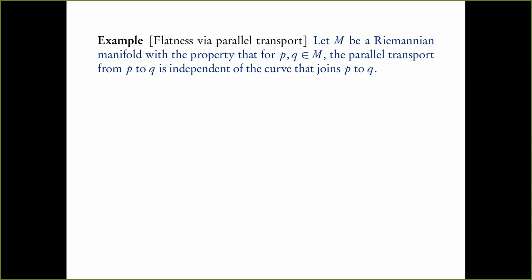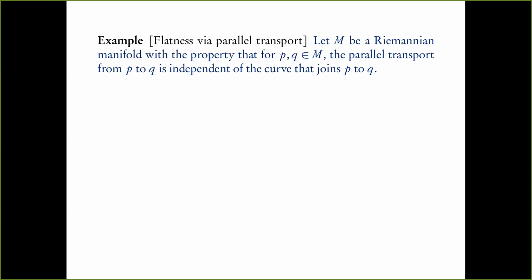So the crucial property is that you choose two points, choose any path joining P to Q, parallel transport a vector at P along this path to the corresponding vector at Q. The property is that this parallel transport is independent of the path joining P to Q, which means this linear map that you get from T_P M to T_Q M is independent of the curve gamma. That's the property that the manifold possesses. Okay.